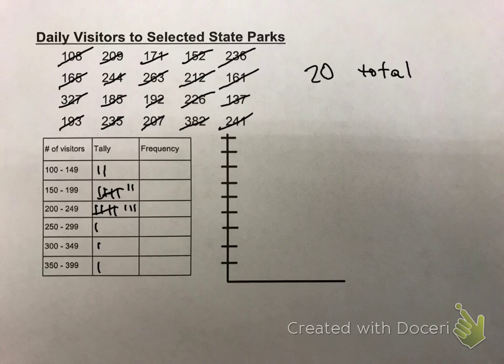So let's count how many tallies we have. We've got 2 there, 7 there, 8 there, 1 there, 1 there, and 1 there. Now that we have all of that information, we can officially create the histogram. Our intervals are going to determine the bars.